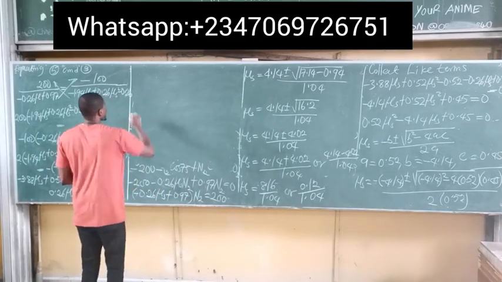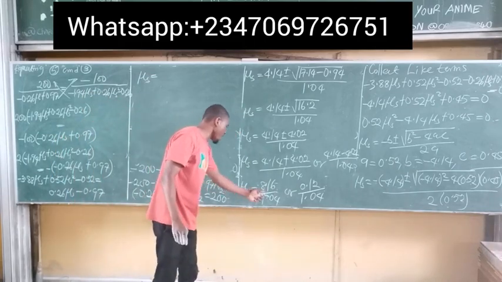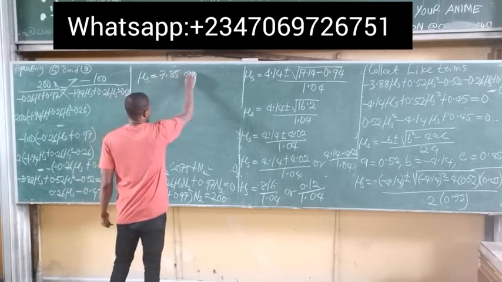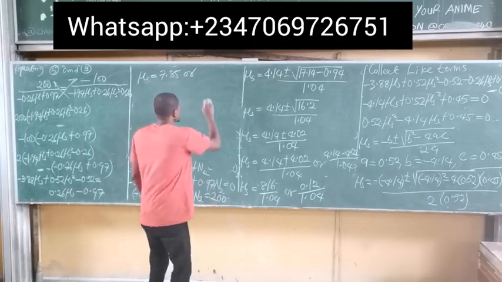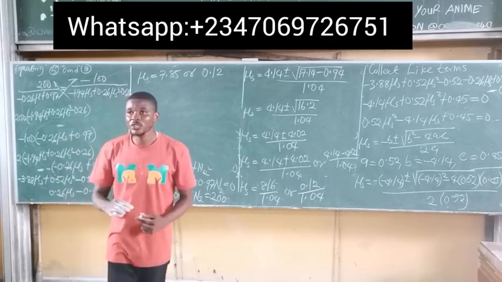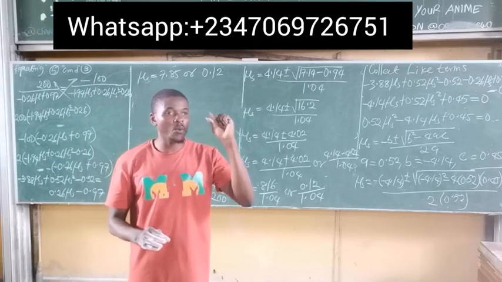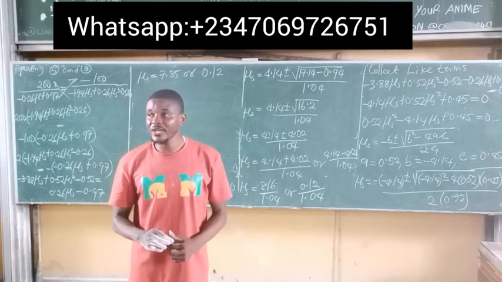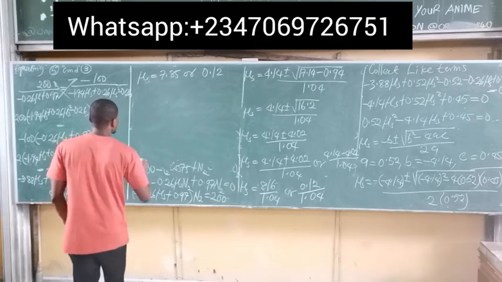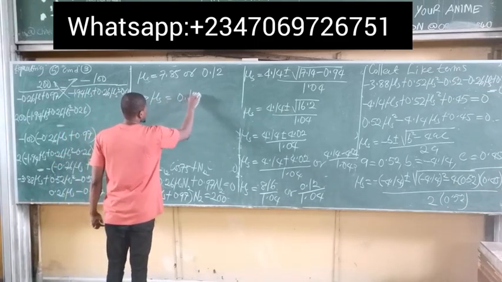So it simply means that mu x is equal to 8.16 divided by 1.04, 7.85, or 0.12 over 1.04. And we know that the coefficient of friction can never be greater than 1. The coefficient of friction can never in this life be greater than 1. So this simply implies that mu x is equal to 0.1.